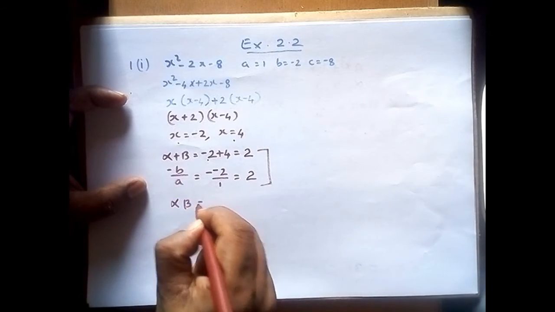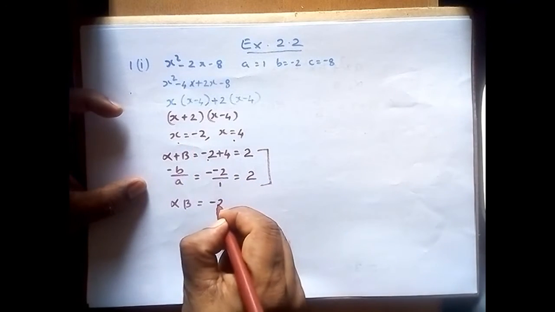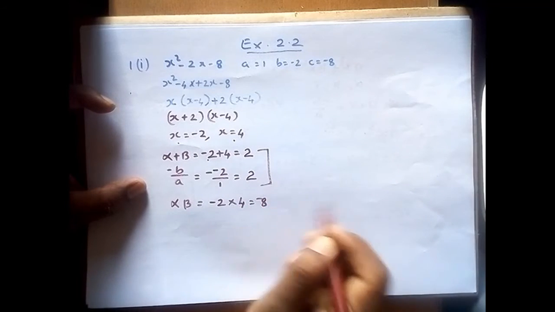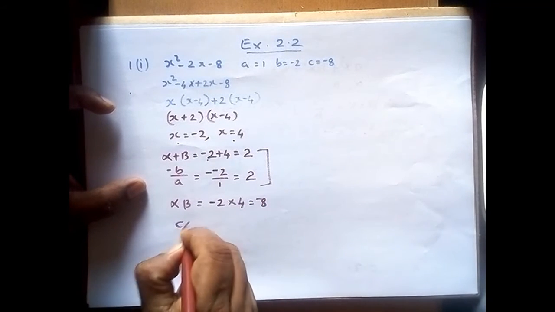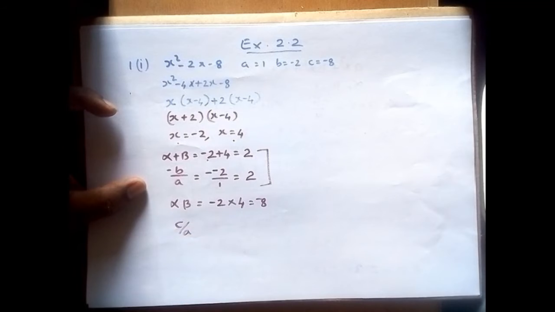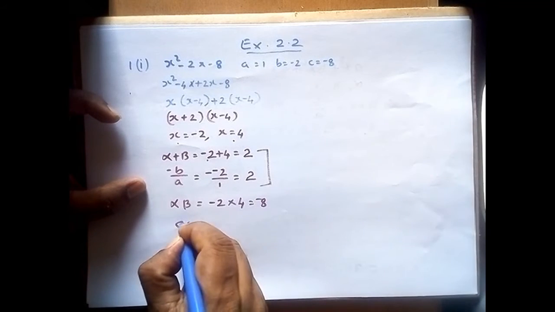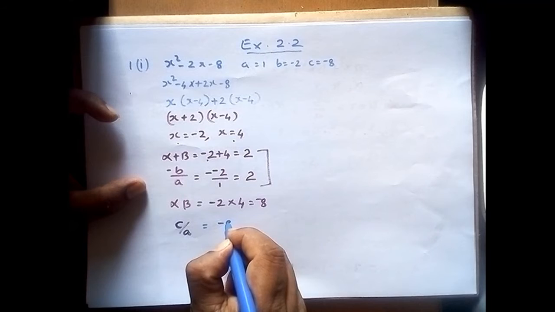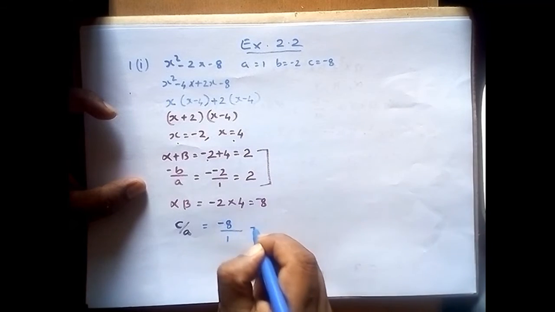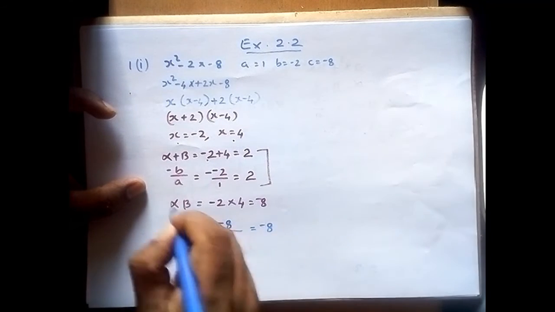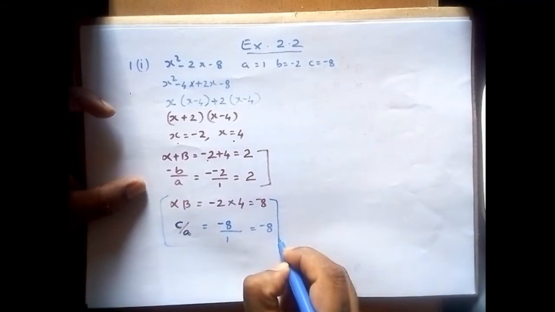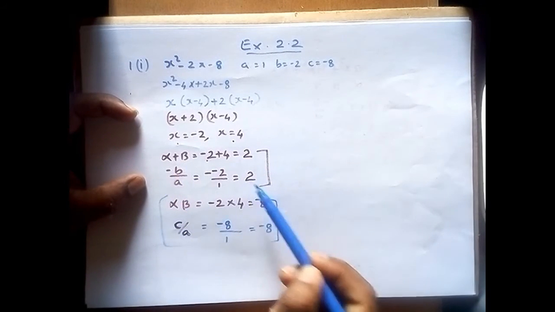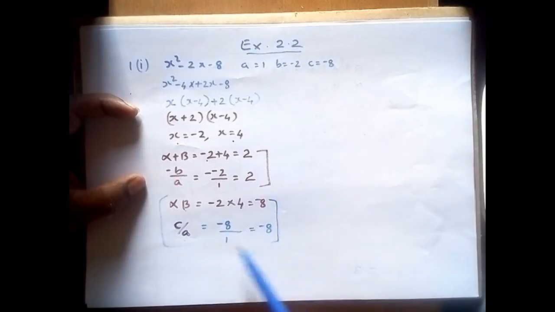Alpha beta is equal to −2 multiplied by 4, which is −8, and c/a is equal to −8 divided by 1, equal to −8. So both the results, alpha plus beta is equal to −b/a and alpha beta is equal to c/a, are verified.